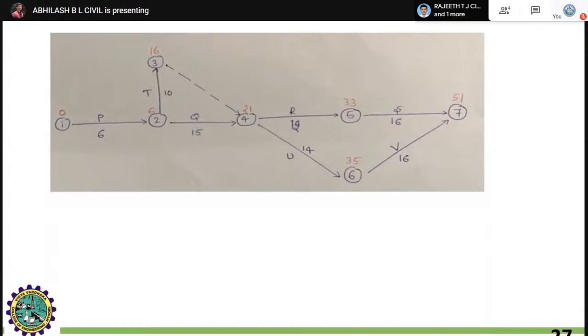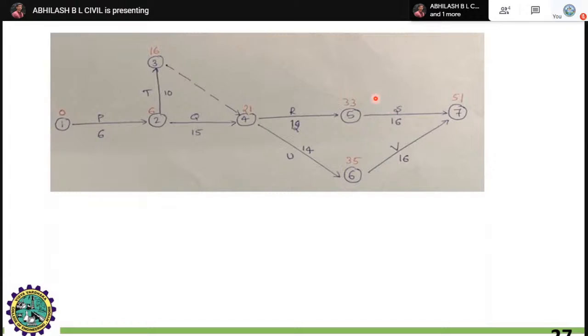This is not 16, it will be 14. Yes, 35 plus 16, you will reach around 51, right?